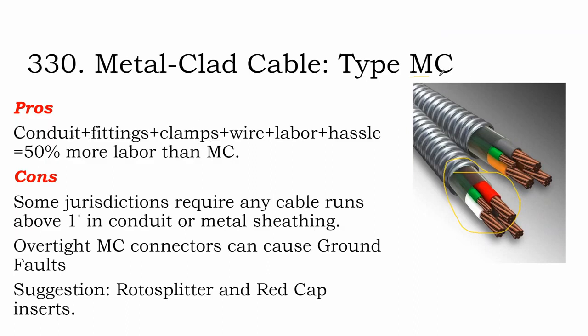The pros of metal clad cable: this is not flexible metal tubing where you buy the metal conduit empty and then you pull the cables through it. This comes with, they actually wrap this binding around the cable, and that actually has a difference.